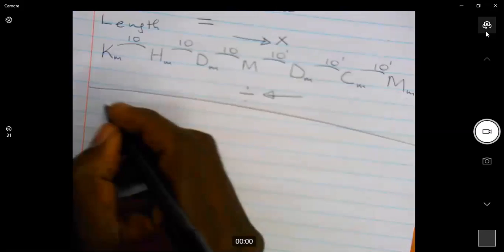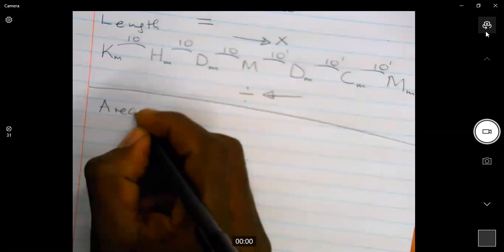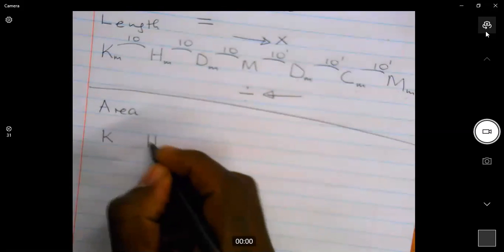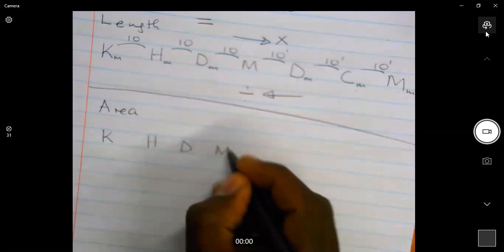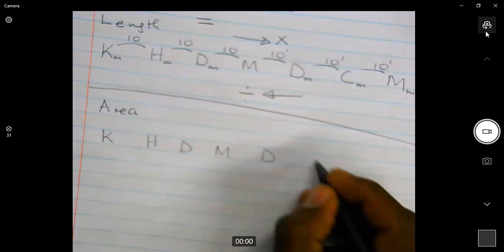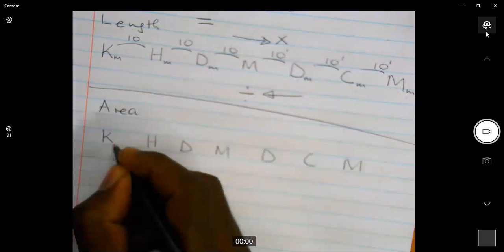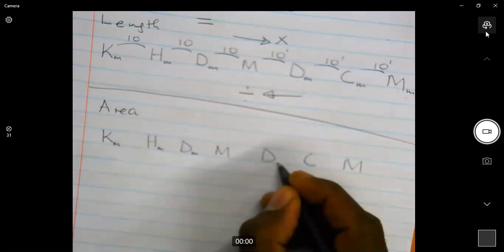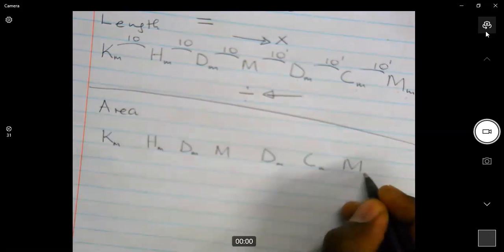You move on to your area. Area, we know it's length times breadth, so the units are square. They're always square units. So you're going to have again, King Harry died miserably, disease called malaria. You've got your kilometer, hectometer, decameter, meter, decimeter, centimeter, millimeter.